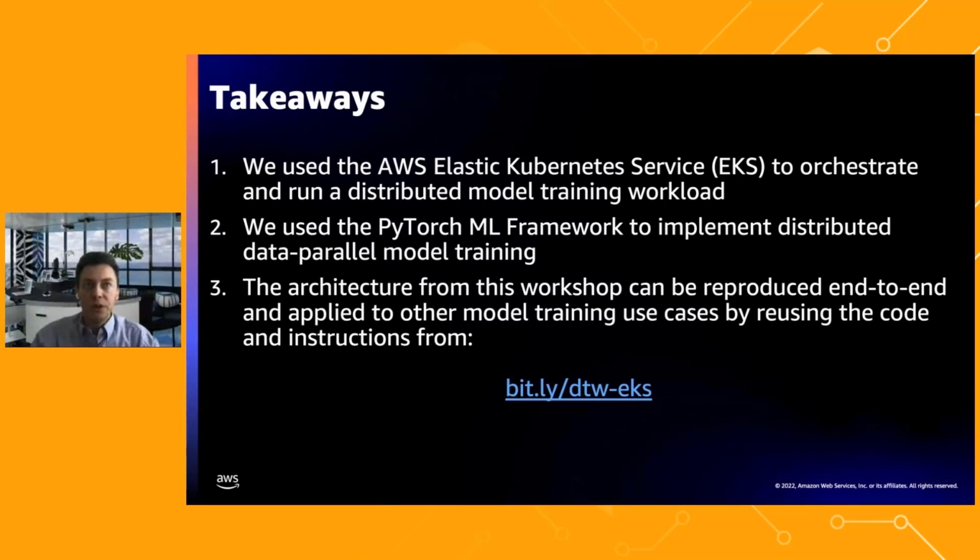One would be doing that on Amazon SageMaker, and the other would be doing that on AWS ParallelCluster. Regardless of which orchestration mechanism you choose, the principles of distributed model training would be similar. For distributed model training, we use the PyTorch ML framework and TorchElastic for Kubernetes.